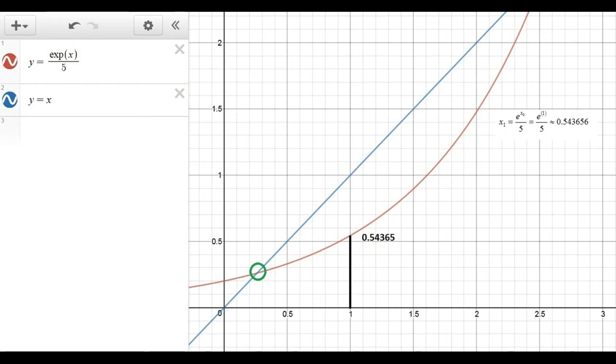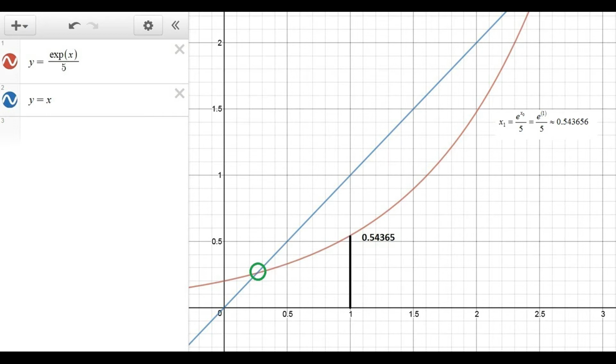And if we put x0 is equal to 1 into our iterative equation, remember we had 0.543656. So on this sketch, I wrote down 0.54365, but remember we had a 6 dp minimum value in our calculations for x1 as 0.543656. Now remember, in our calculations we took x1 and we put that back into our iterative equation. So we use this x1 value, and that is our new value of x.